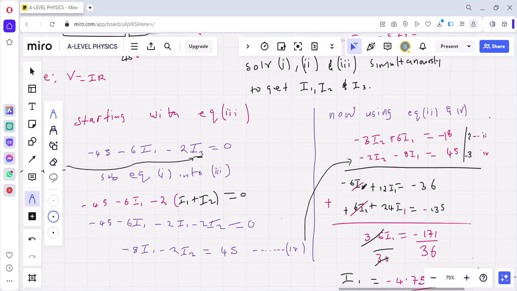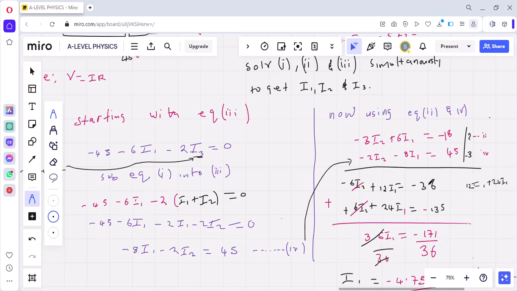Now if I add these two new equations, negative 6 plus 6 will give me 0. It is eliminated, and that is the reason why this is called the elimination method. Then plus 12I1 plus 24I1 will give us 36I1.